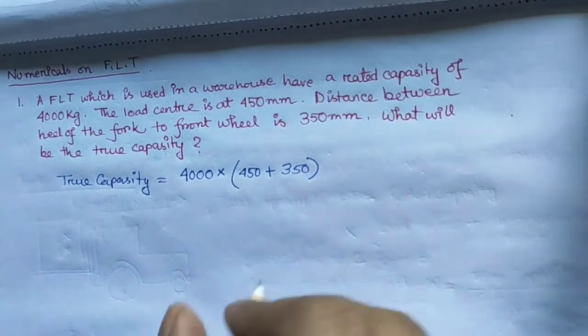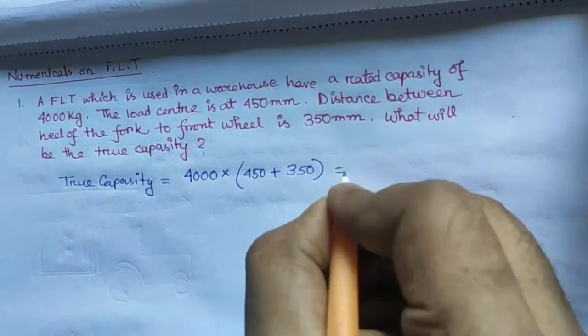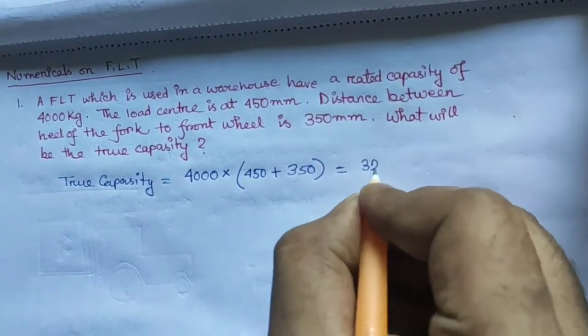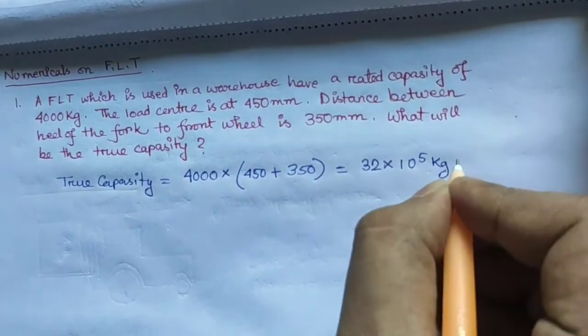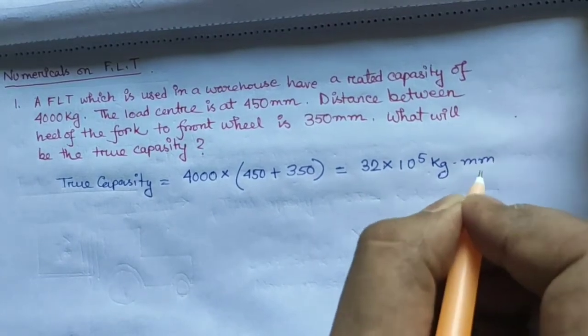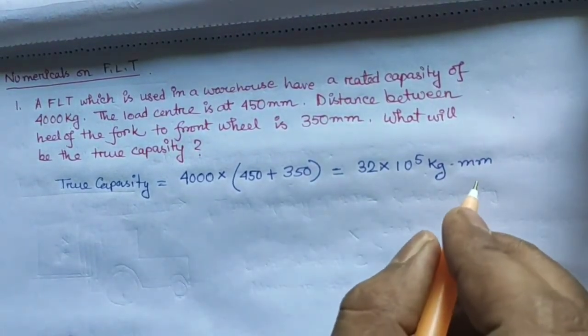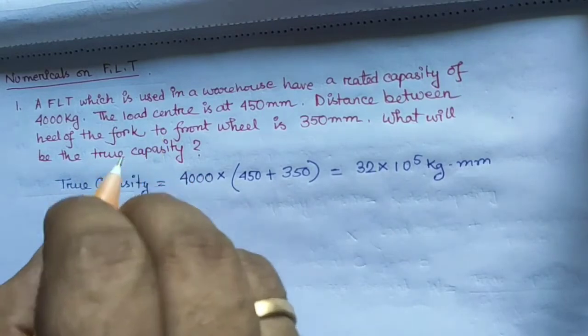By calculating this we'll find the answer will be around 32 into 10 to the power 5 kg mm. So this is the true capacity of this FLT.